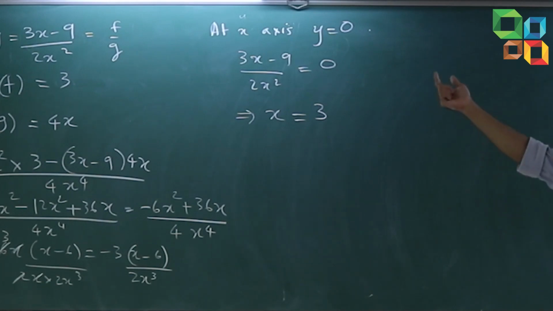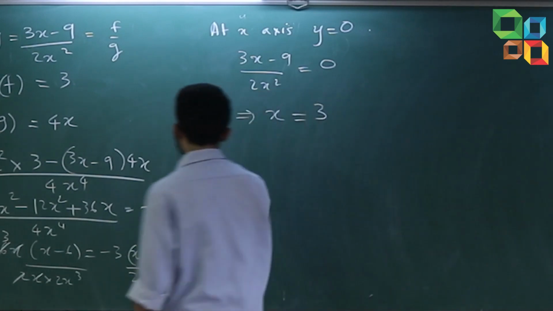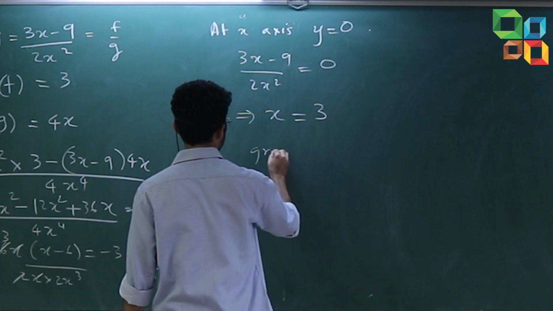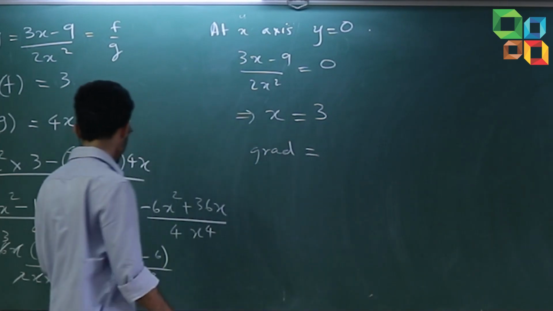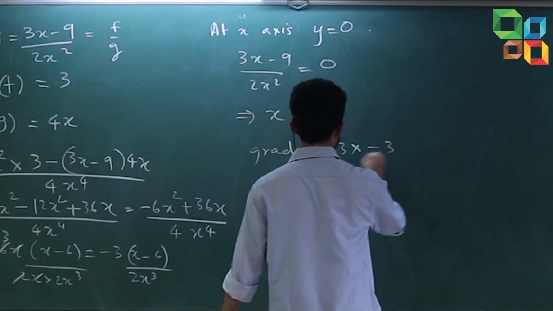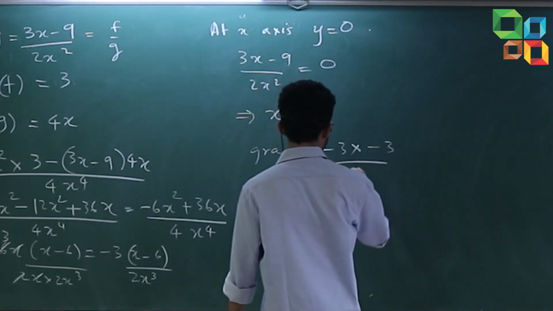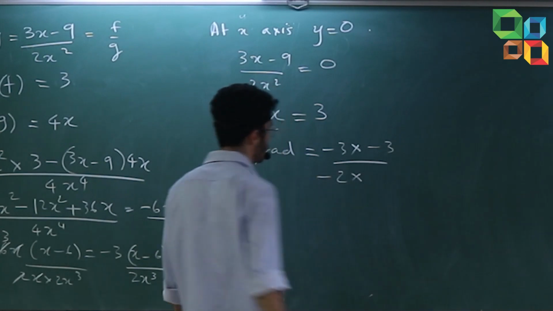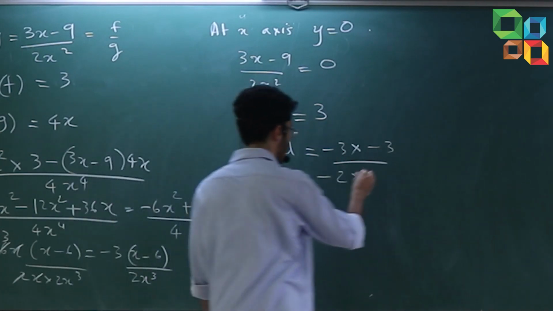Am I making sense? Right. So x equal to 3 substituted here, you get gradient is equal to minus 3 into 3 minus 6, which is minus 3, divided by 2 into minus 3 the whole cube, which is 27.